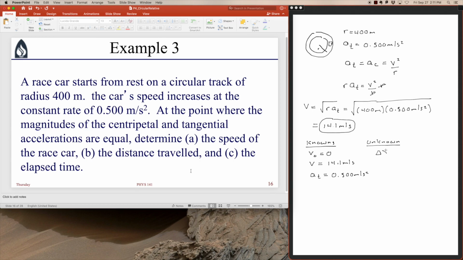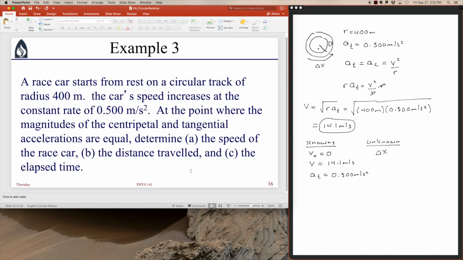It's okay that in this case, delta x is wrapped around the racetrack. Since the motion is going around the racetrack, you should think of delta x as the displacement along the path of the racetrack.